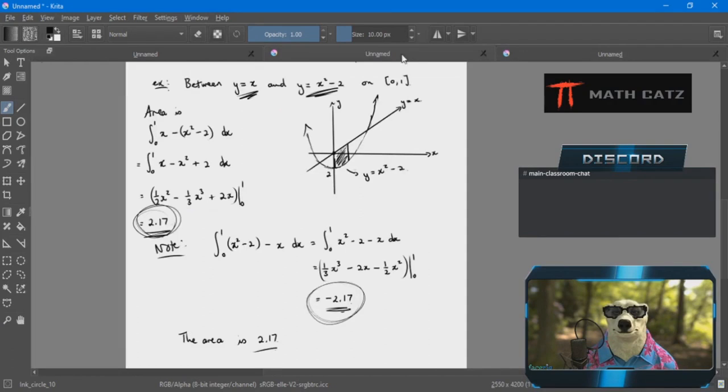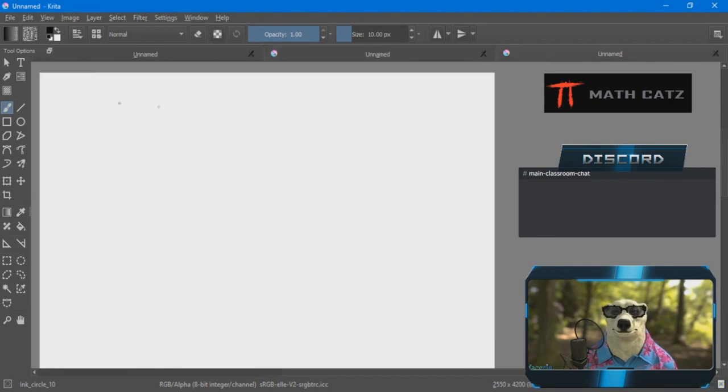So now let's just have a look at this. This was made simple for me because of the given interval 0 to 1. But what if I had the same, let's pick the same functions, same graphs, but a different interval.